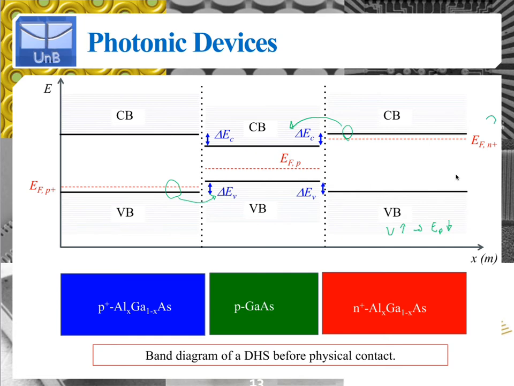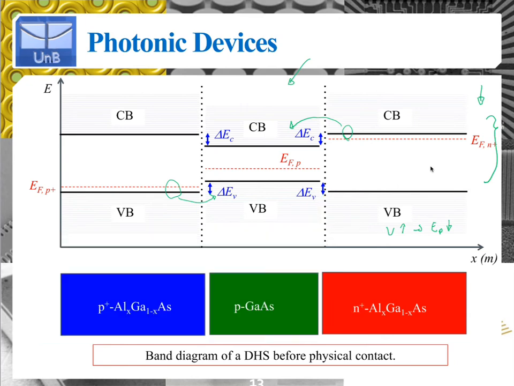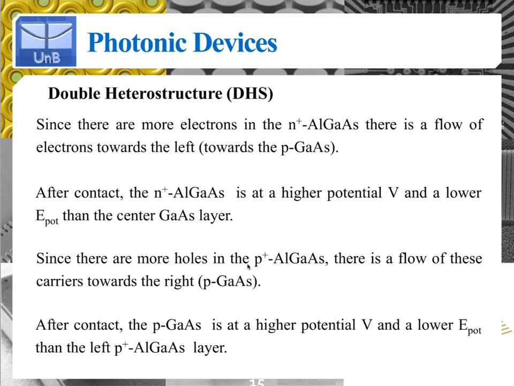So this whole band will move down with respect to the one in the center right here, until the Fermi levels align. So this will move down until this Fermi level aligns with this one right here. Okay, and since there are more holes in the heavily doped p-type aluminum gallium arsenide, which is the material on the left, there's a flow of these carriers towards the center material, as we've seen, and after contact, the center material will be at a higher potential and a lower potential energy than the heavily doped p-type aluminum gallium arsenide layer.